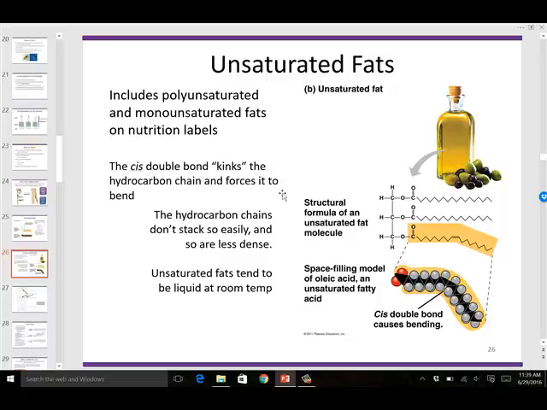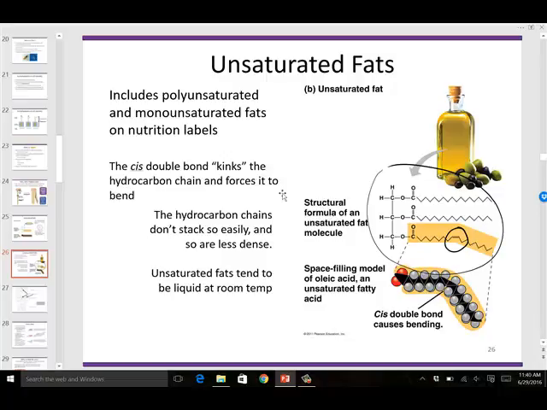Unsaturated fats, on the other hand, as we just said, they have one of those carbon-carbon double bonds in there, okay? And that causes the chain to kink. And because the chain kinks, this whole molecule can no longer fit and stack very easily on itself. Now, those of you guys who know some of your organic chemistry, that's actually a cis bond as opposed to a trans bond.